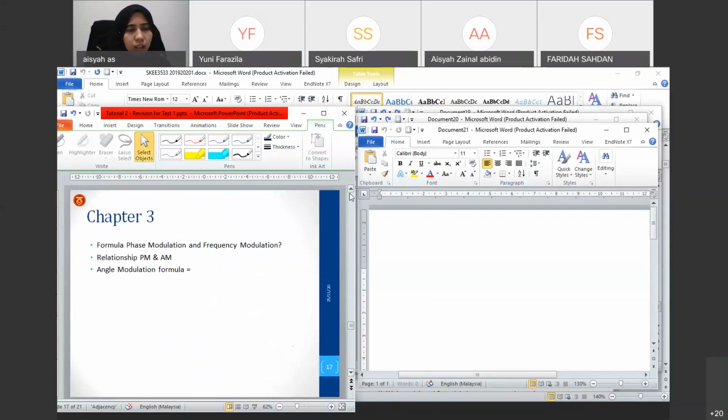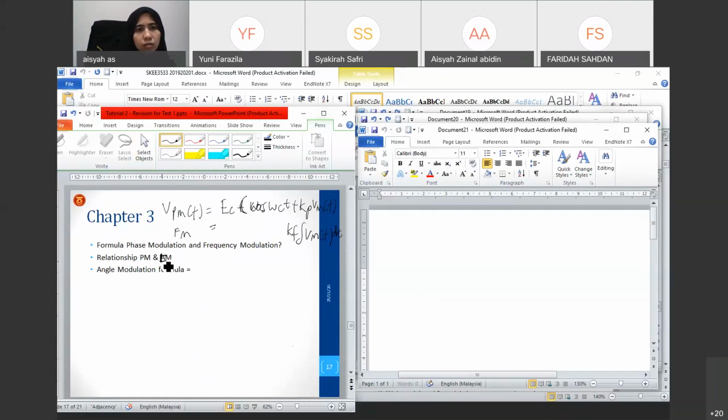Okay, for the third chapter, you need to know the formula for the phase modulation. And for FM, the difference is KF and here, differentiation.